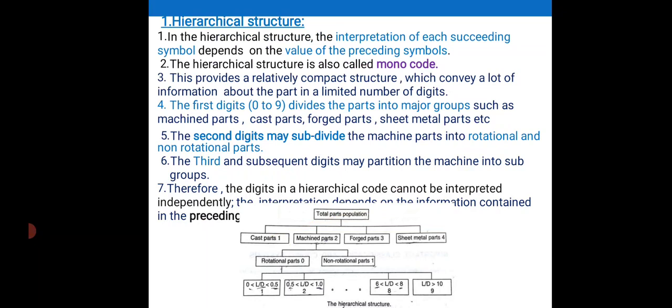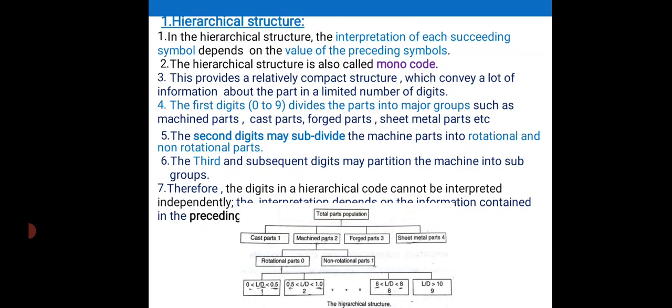You can see this image. This is the total parts population. It is classified into cast parts, machined parts, forged parts, and sheet metal parts. Then machined parts are again classified into rotational parts and non-rotational parts.